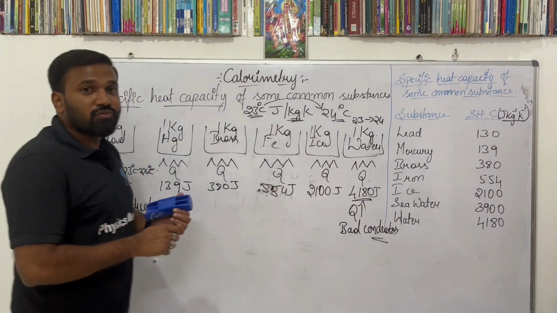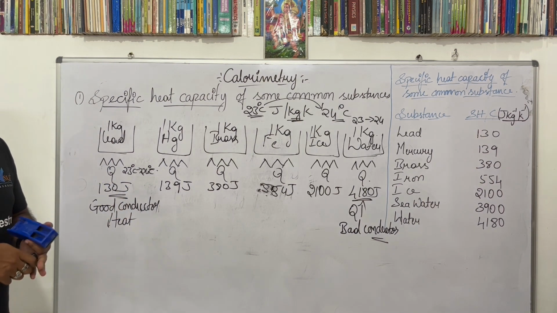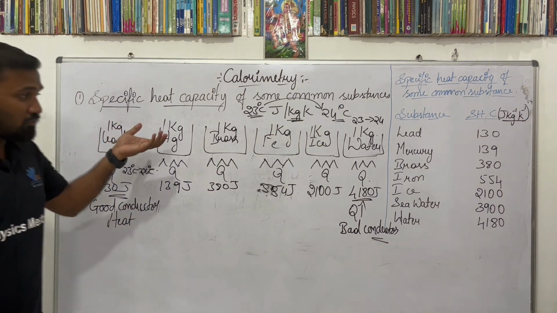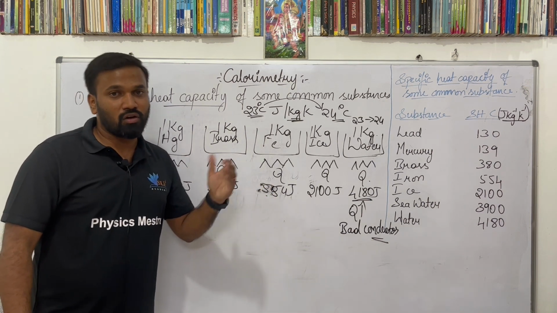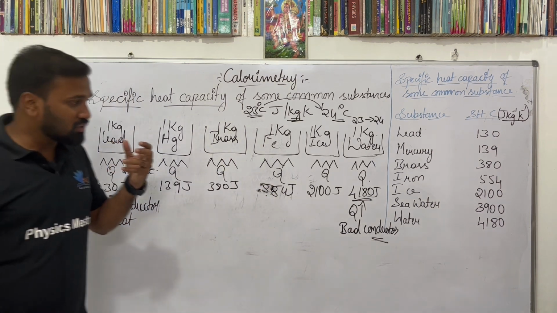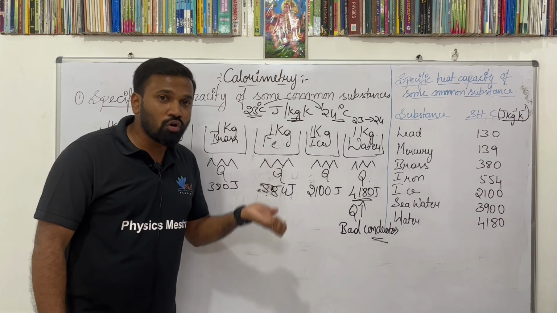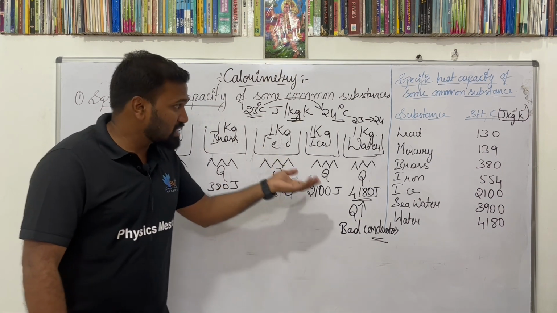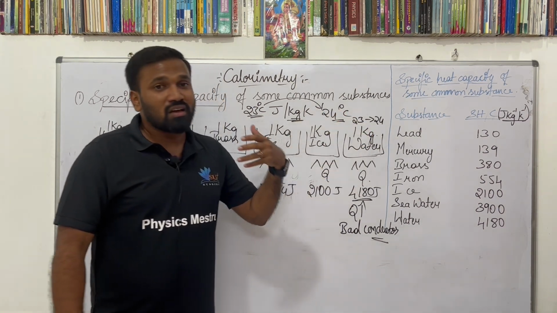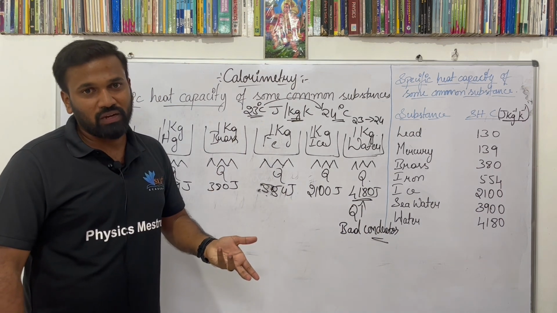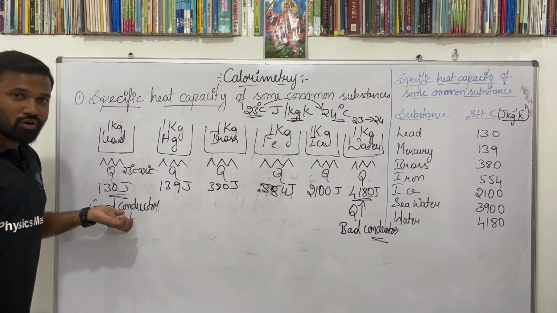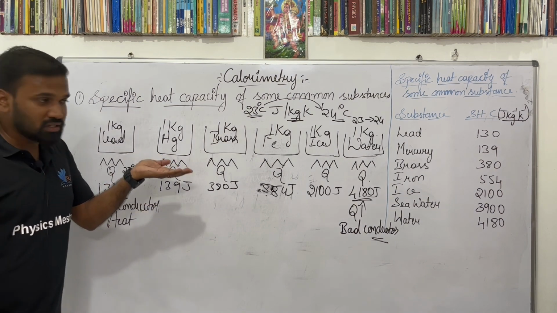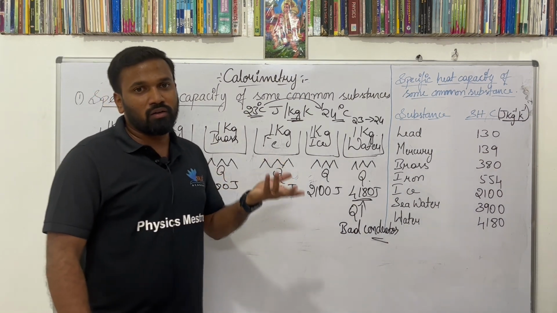So specific heat capacity will tell, directly or indirectly, whether it is a good or bad conductor of heat. The material which absorbs more energy to raise its temperature is usually a bad conductor of heat energy. The material which utilizes less energy to raise its temperature is a good conductor of heat energy.